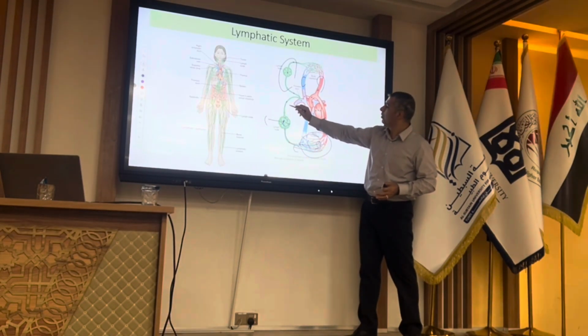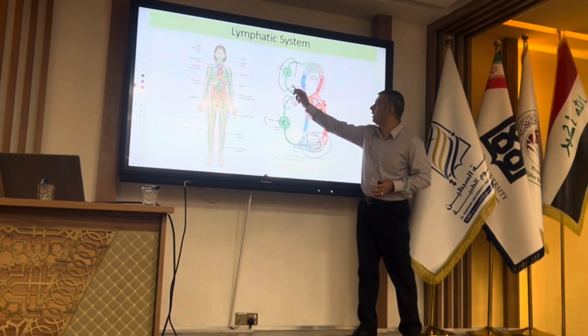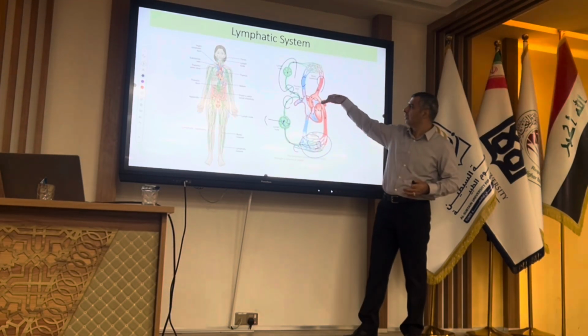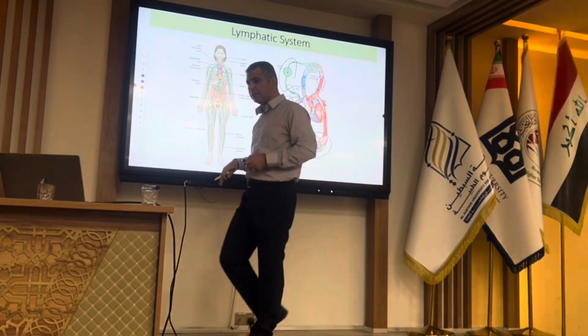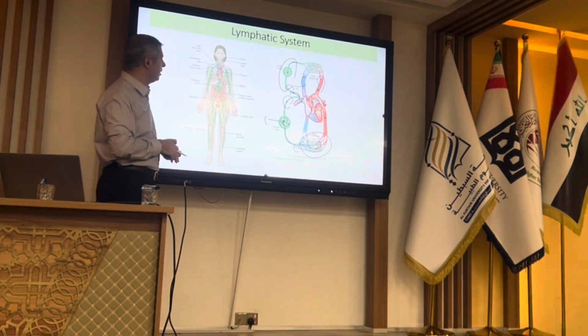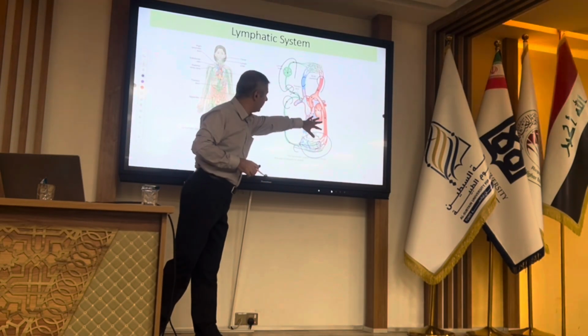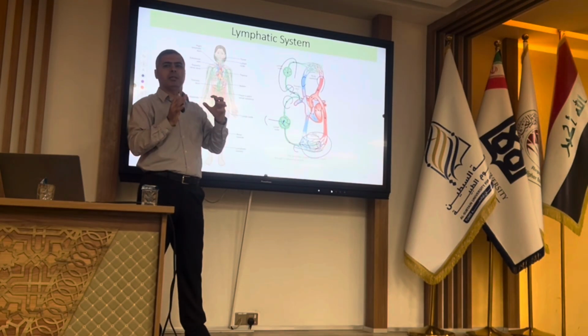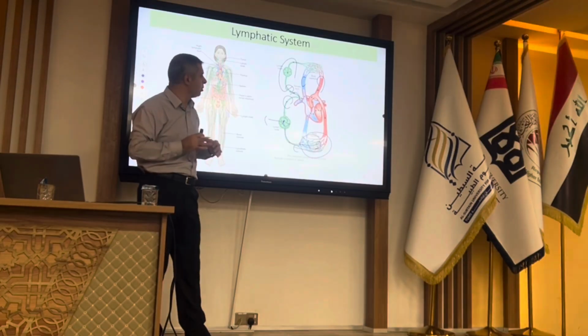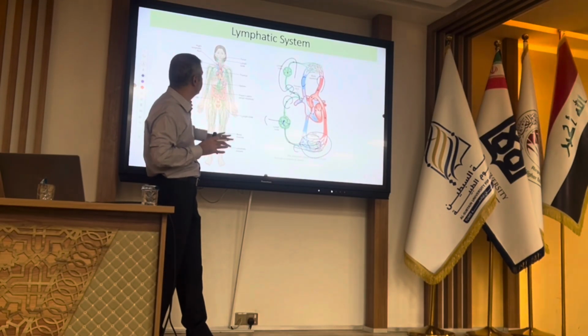And finally, all the lymphatic fluid will go back to the blood from the left subclavian and right subclavian. You know this from anatomy. So there is a closed circulation of the blood and lymphatic system. We have both lymphatic vessels and blood vessels throughout the body.